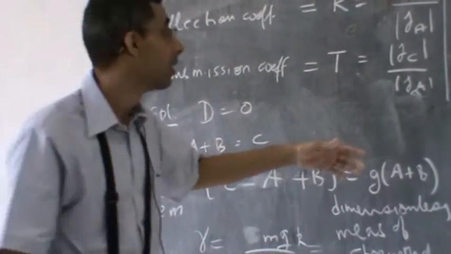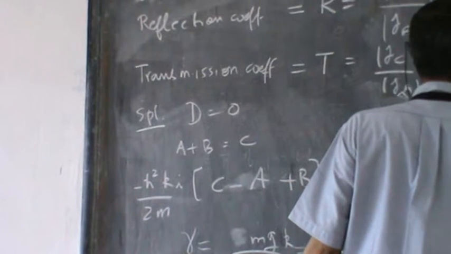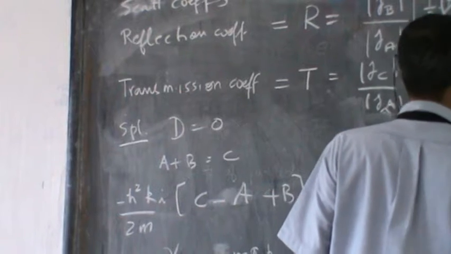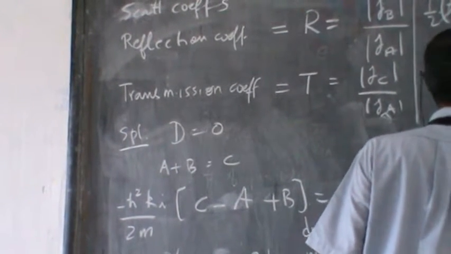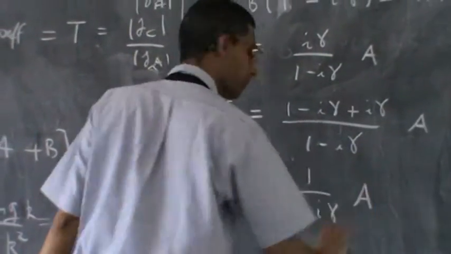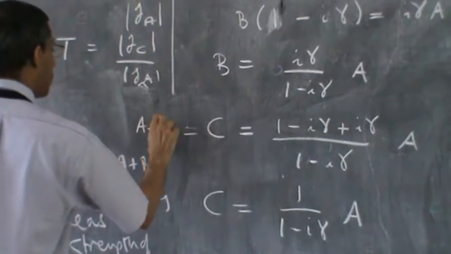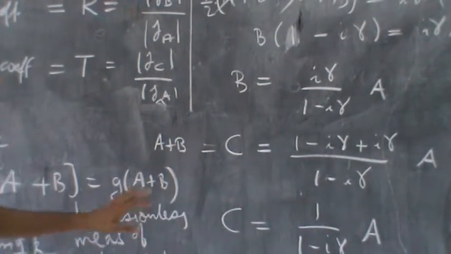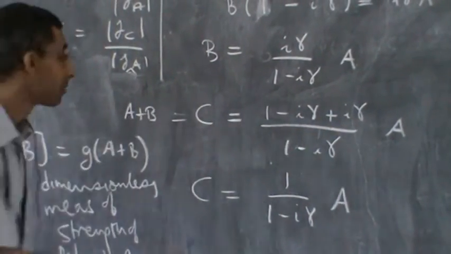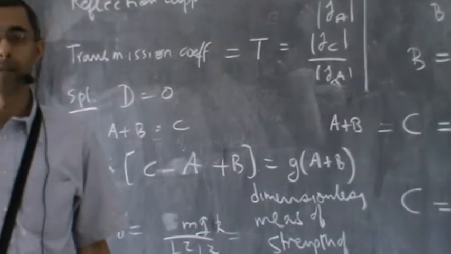C is A plus B. So A plus B is 1 minus i gamma plus i gamma by 1 minus i gamma times A. So C is equal to 1 over 1 minus i gamma times A. So we have found C and B in terms of A.